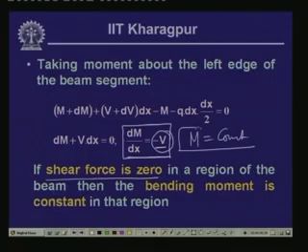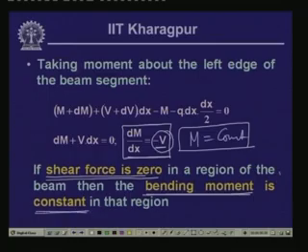So, in the portion of a beam where the shear force is 0, the bending moment is constant. This is an important observation, and it will be helpful when we draw the shear force and bending moment diagrams.